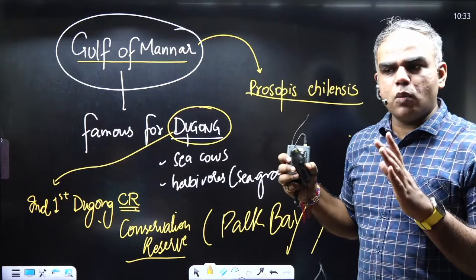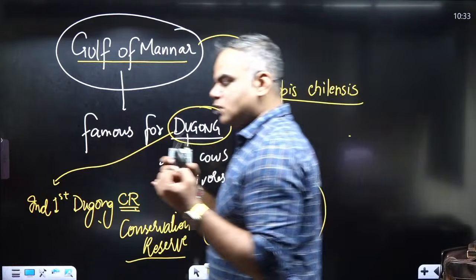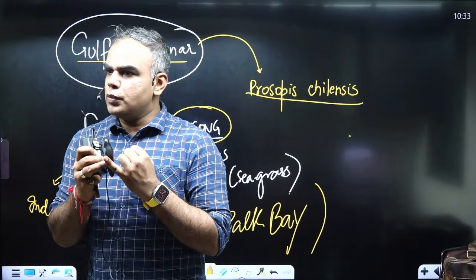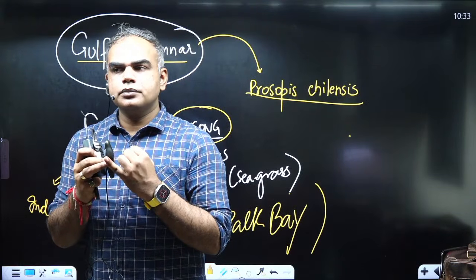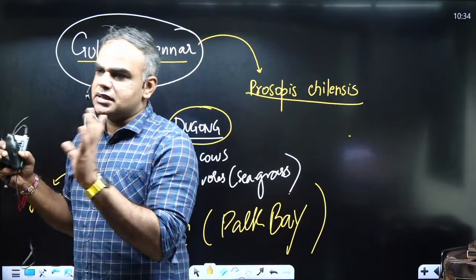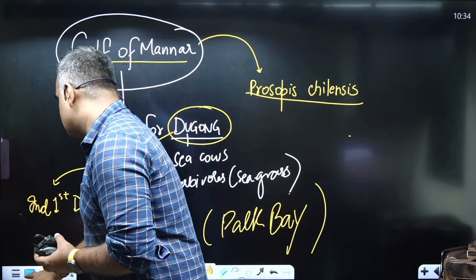But for now, what have you seen? Dugong is a sea cow, feeds on seagrass. Second thing we've seen is Prosopis chilensis being a problem in this area. Till here it is fine.